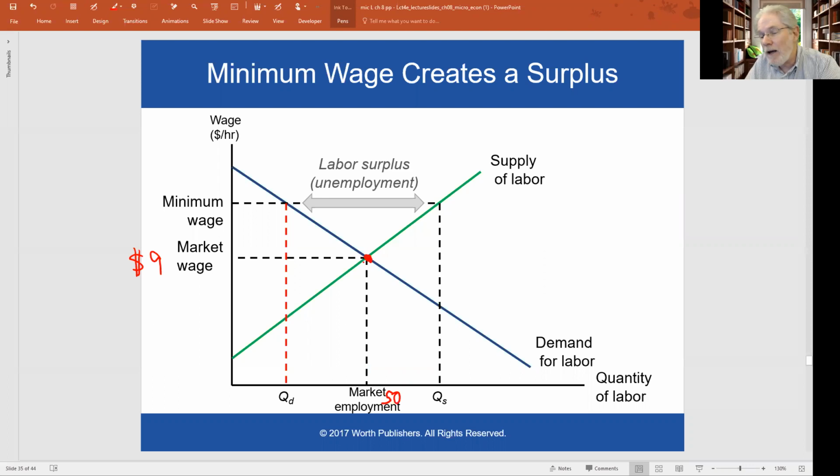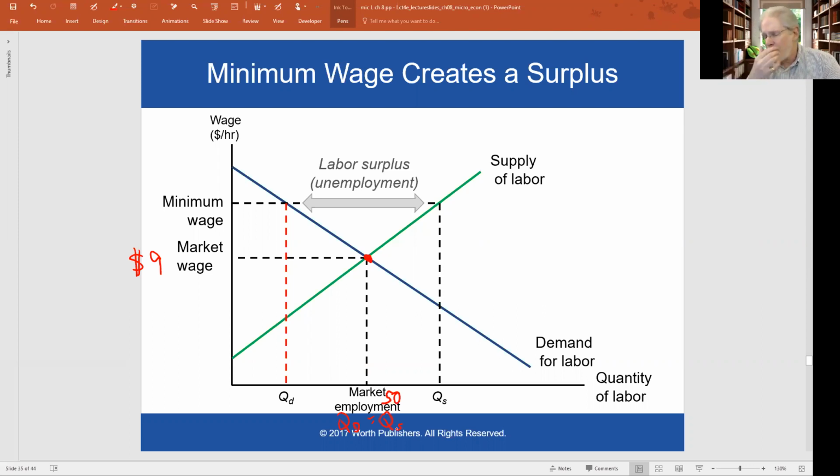So that $9 is going to be the equilibrium wage, in that if the wage rate is $9, the quantity demanded and the quantity supplied will be exactly equal. You've got 50,000 people who want to work at that wage. You've got employers who want to hire 50,000 workers. So you have a balance between the two.